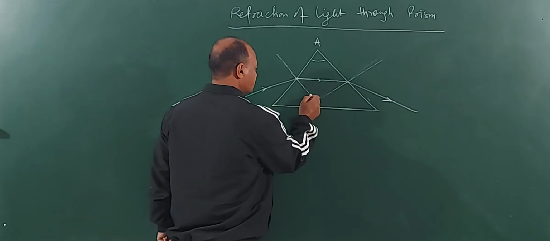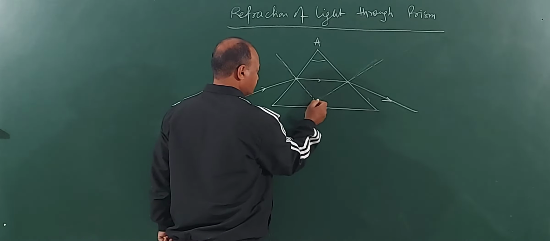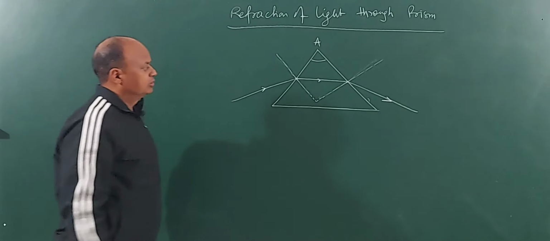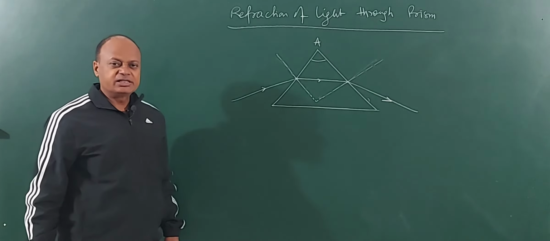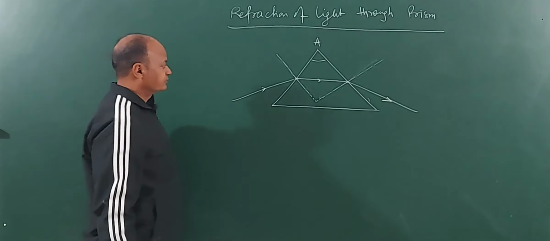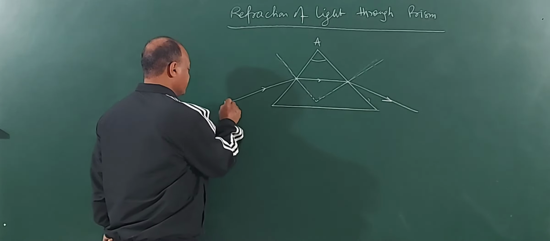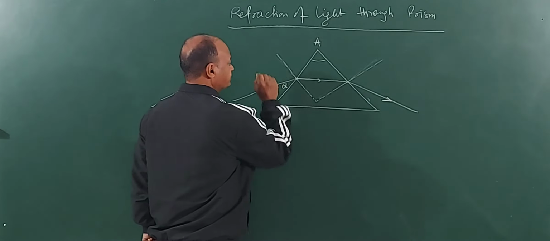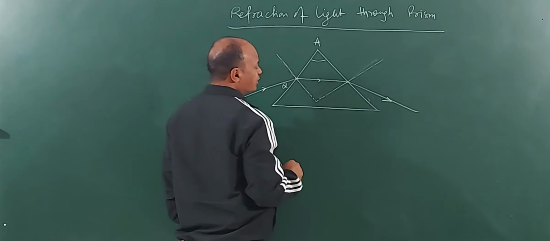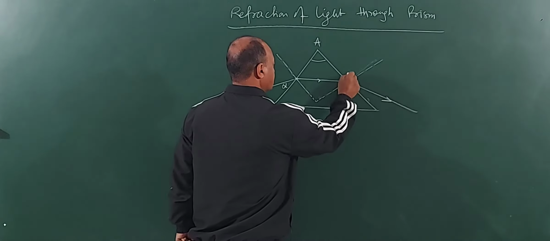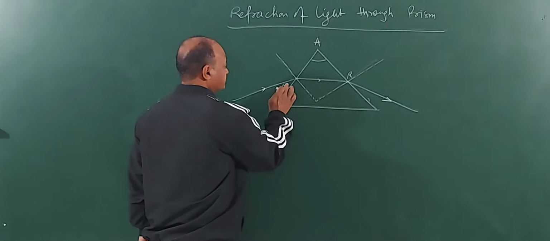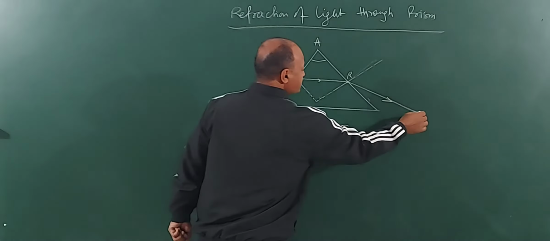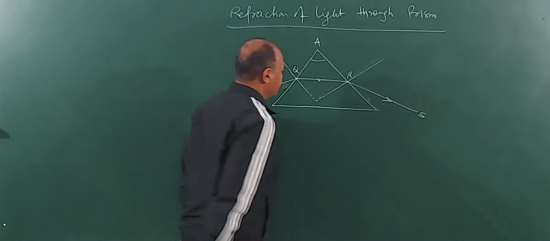These normals, when extended, are meeting out here. So, you can clearly see, let's take this point as P. So, PQ is the incident ray, QR is the refracted ray, I'll let Q out here, and RS is the emergent ray.